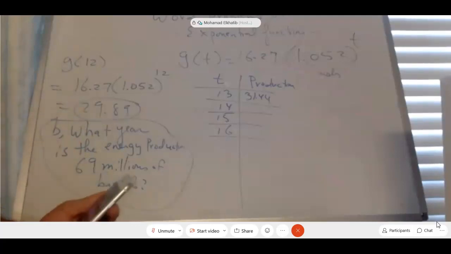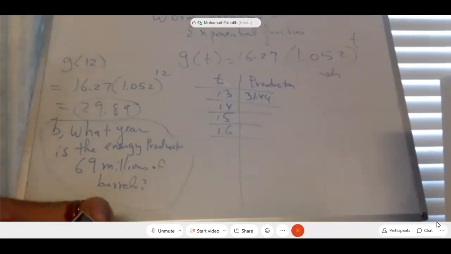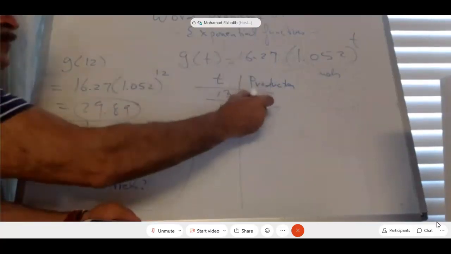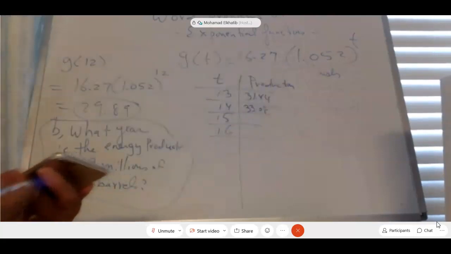Now I'm going to do T is 14. So I'm going to go 1.052 raised to the power 14 times 16.27. I got 33.08. It's not the 69 that I'm looking for.